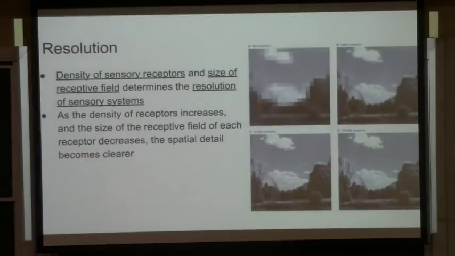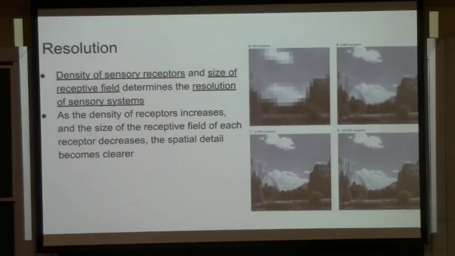Okay. Now resolution. This is important to know because it also relates to what Connor is talking about, because Connor talks about how different bipolar cells might synapse with multiple or few rods and cones. So this relates to his lecture, which we'll touch upon later. But basically, it means that the density and the size of receptive field determines the resolution of the image.